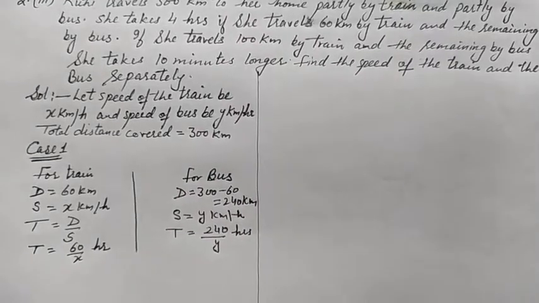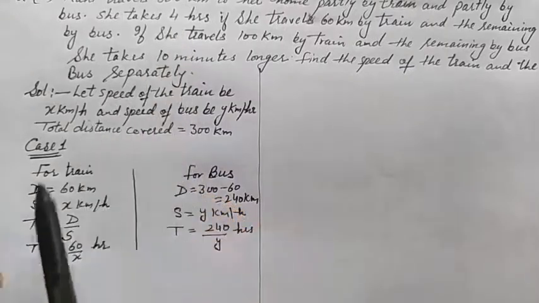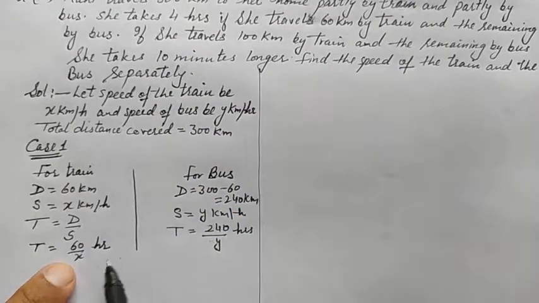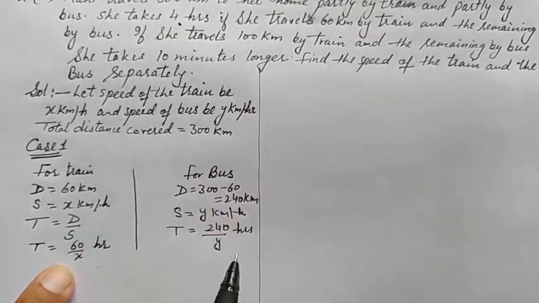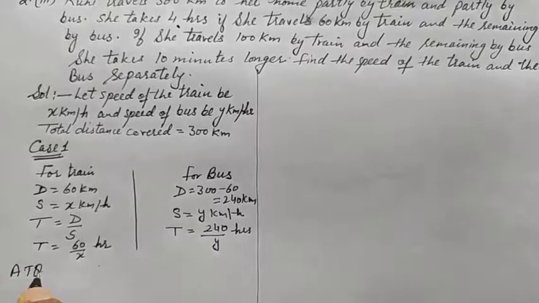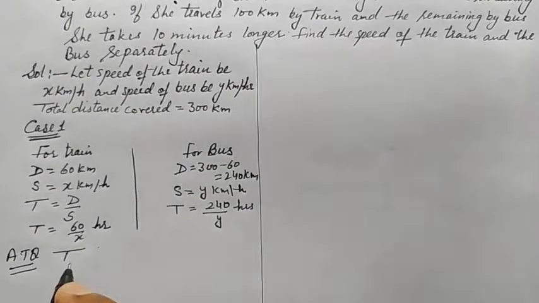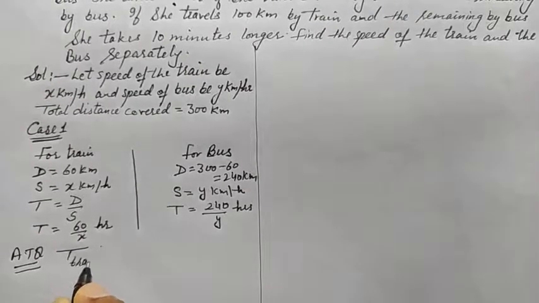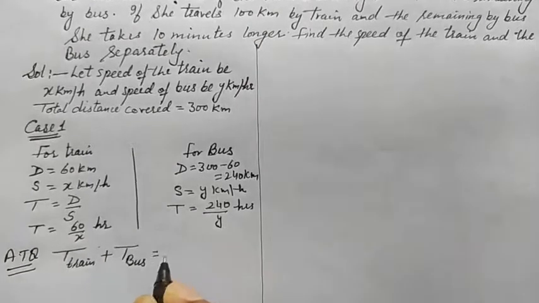You can see here that the time taken by the train plus the time taken by the bus is 4 hours, because in the first case it takes 4 hours to complete this journey. So according to the question, time of train plus time of bus is equal to 4 hours.